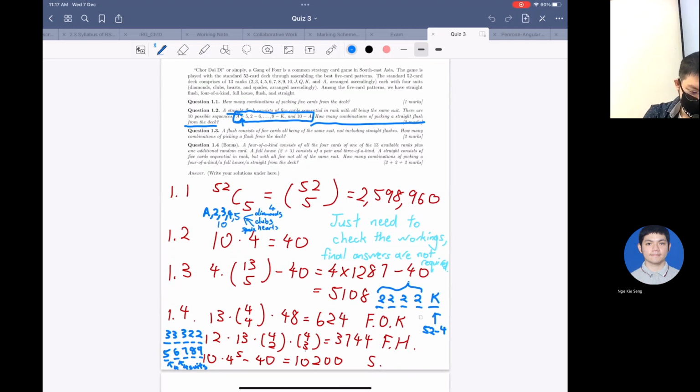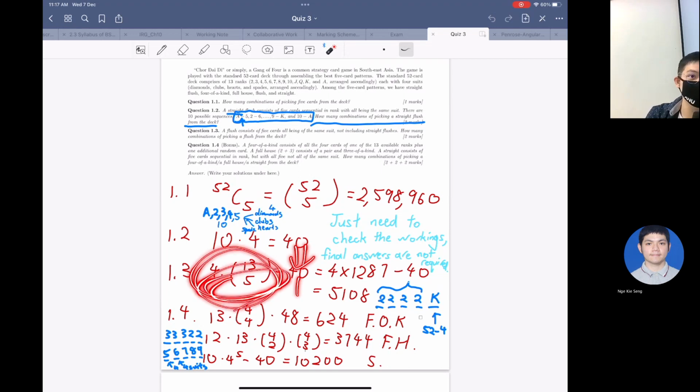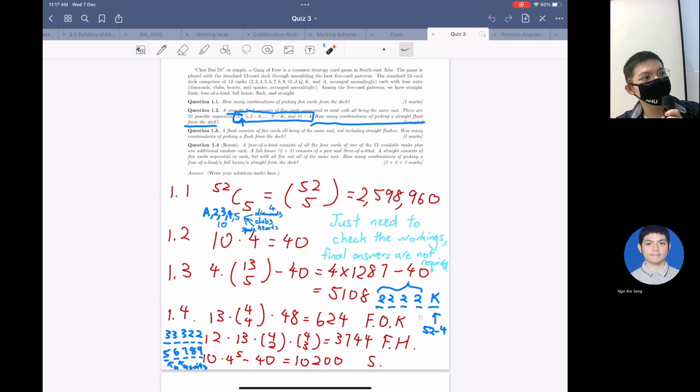So let's say if you don't compute this number right, but you take the right subtraction, I'll give you a mark. If you apply the right principle of inclusion and exclusion, I will give you 1 mark, even though you compute wrong here. If you use the right inclusion and exclusion principle, I'll give you 1 mark.